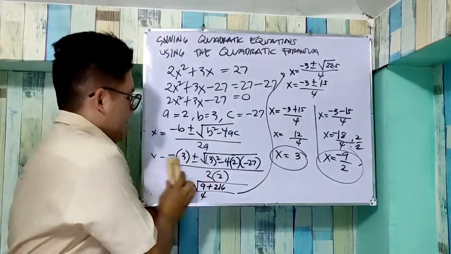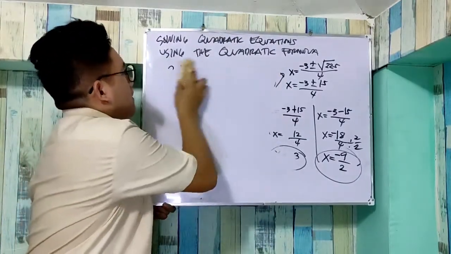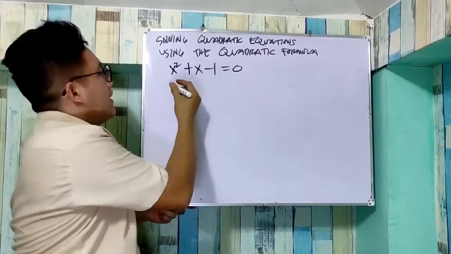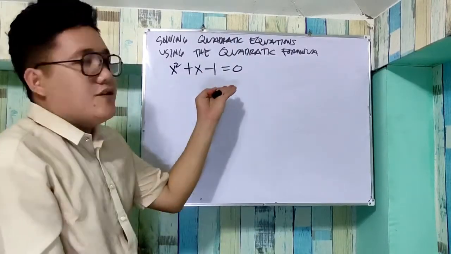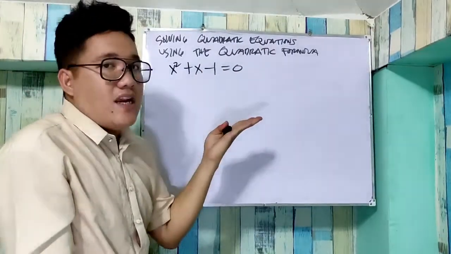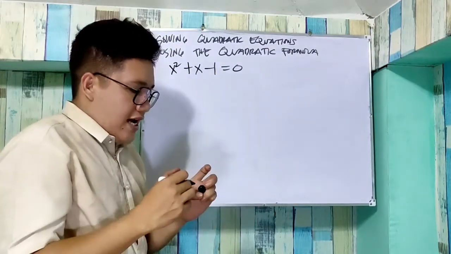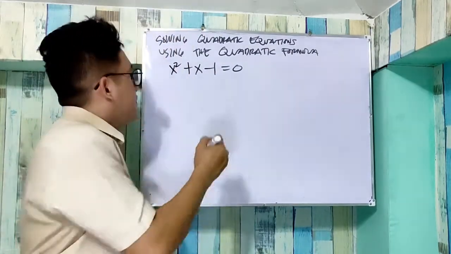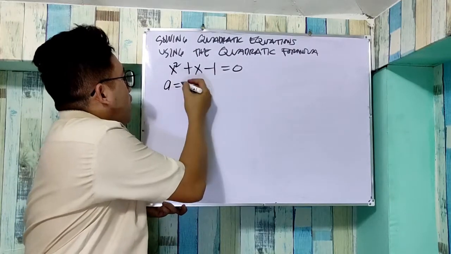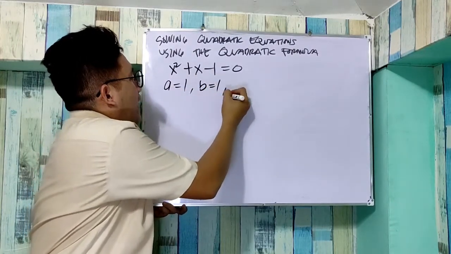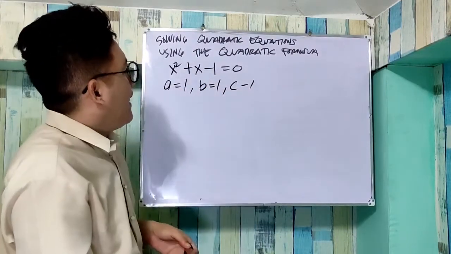Last example. Okay, so we have here x squared plus x minus 1 is equal to 0. Since standard form na siya, no need to arrange. So, we have here a is 1, b is 1, c is negative 1.